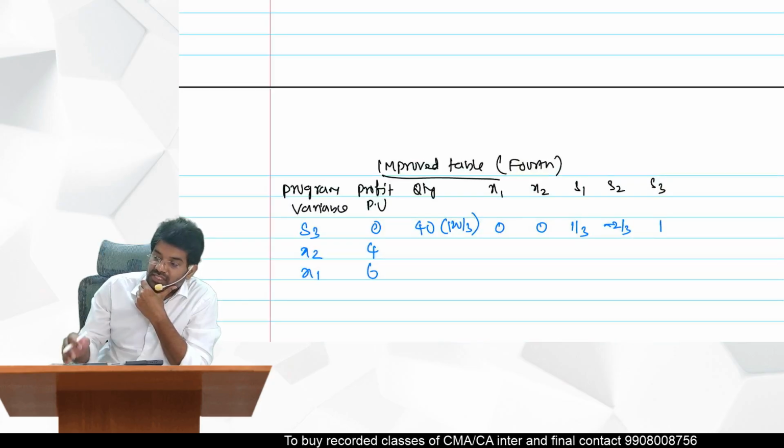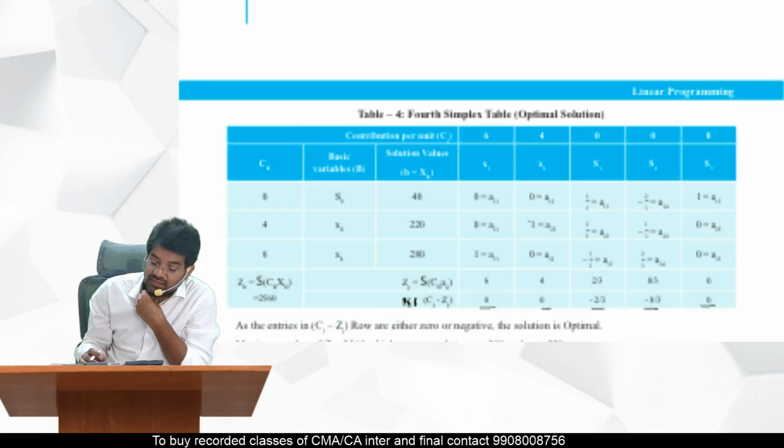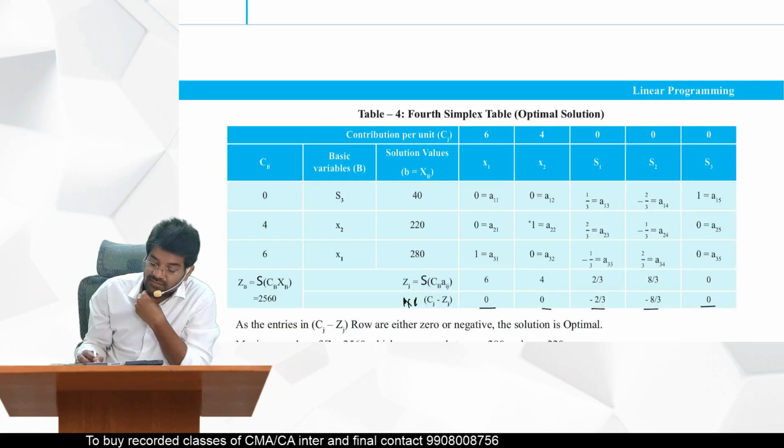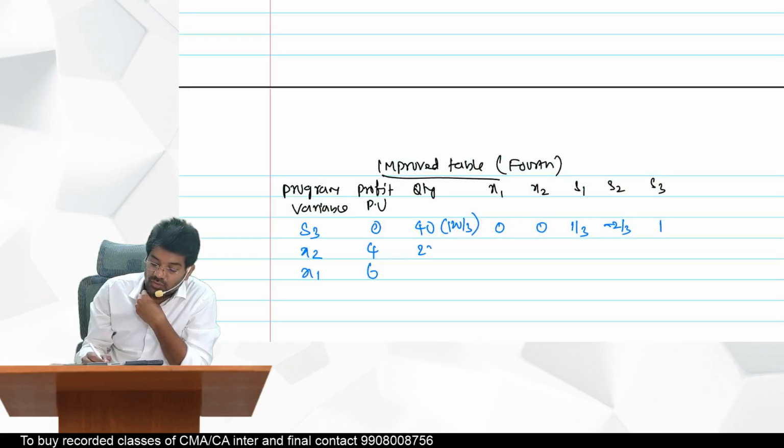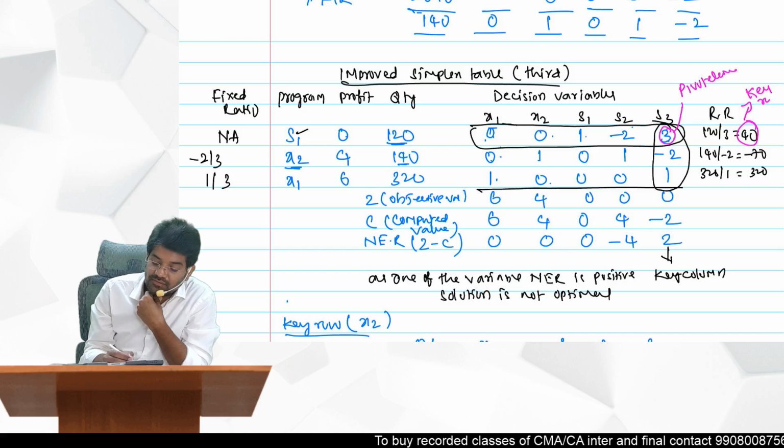So we have to convert S3 into a unit matrix again. So the remaining, 220, 280, we'll get. How do you get this? Previous 140 minus fixed ratio: minus 2 by 3 into 320. So 140 minus 2 by 3 into 320.